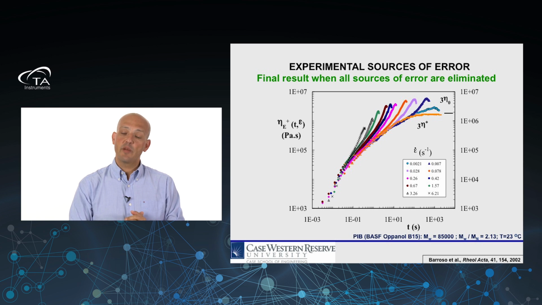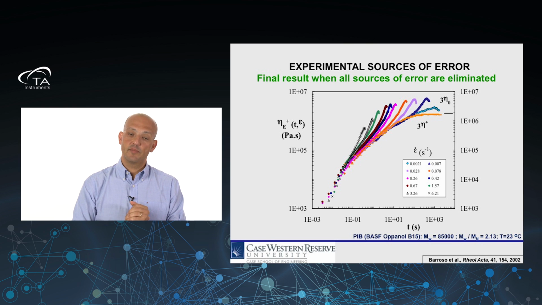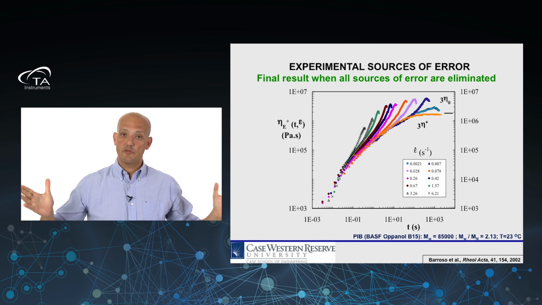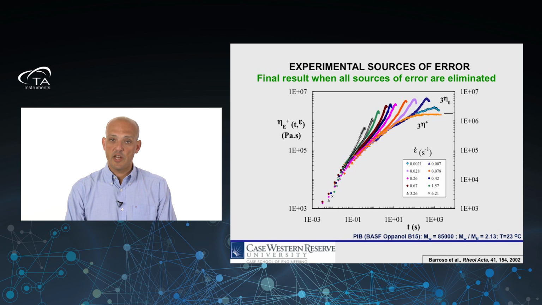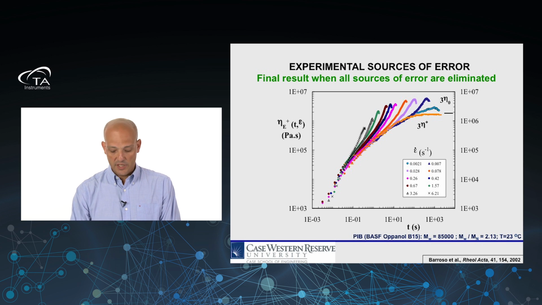And we were able to go up to strain rates in excess of 6, which are the crosses there. And those experiments took about 0.3 of a second. So a huge range of times, a huge range of strain rates, but this is what is possible to do if one is careful with the experimental conditions.